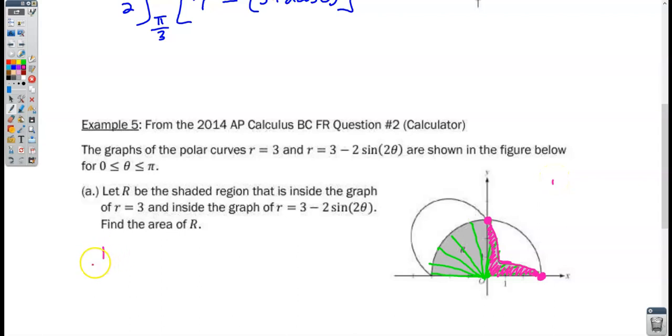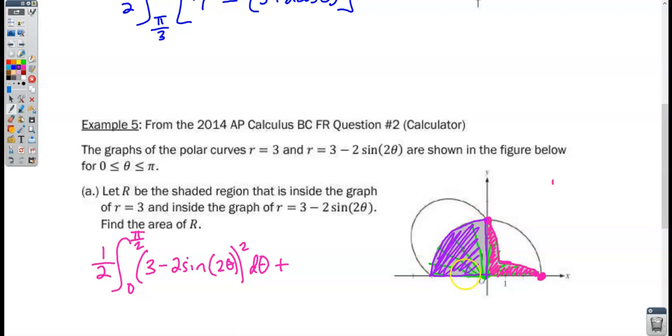So the first part of the region, we've got 1/2 times the integral from 0 to pi over 2 of the curve 3 minus 2 sine of 2 theta, quantity squared d theta, and we're going to add to that the area of this piece over here, which I'm allowed to calculate in a bunch of different ways on my exam.